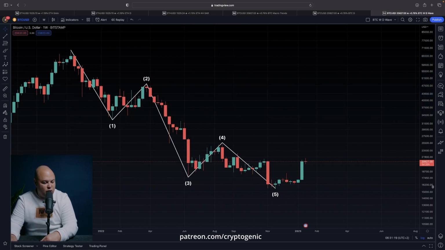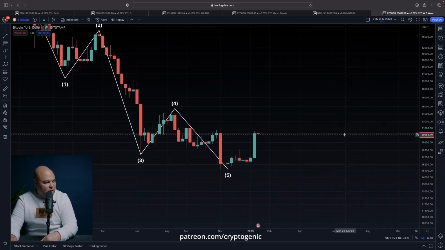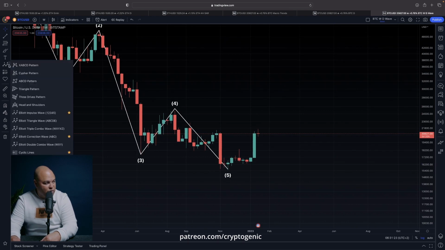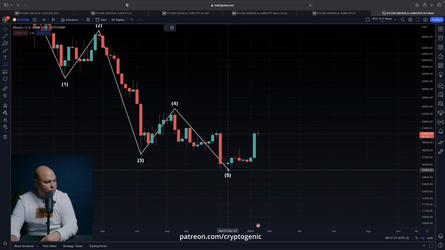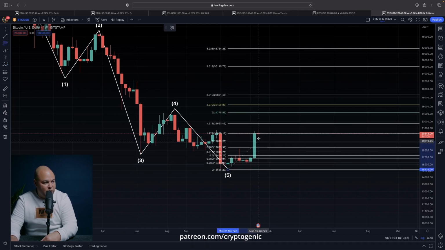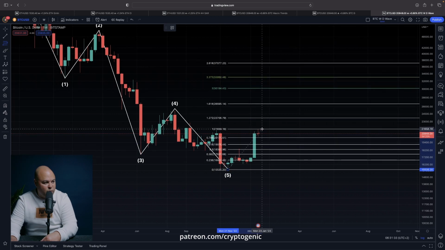And now to chart the ABC correction that typically follows the Elliott wave pattern, first we need a Fibonacci retracement from the swing low to the swing high of this move.